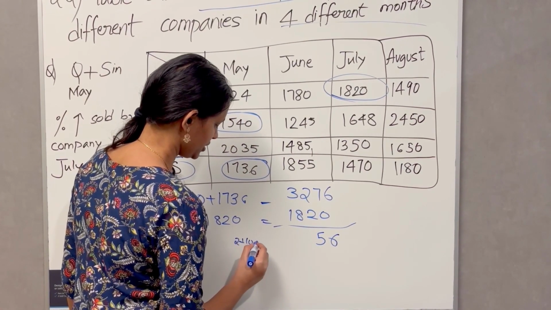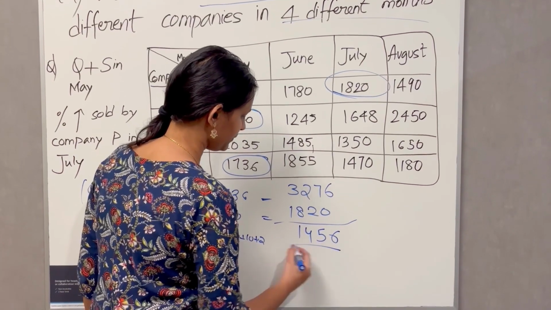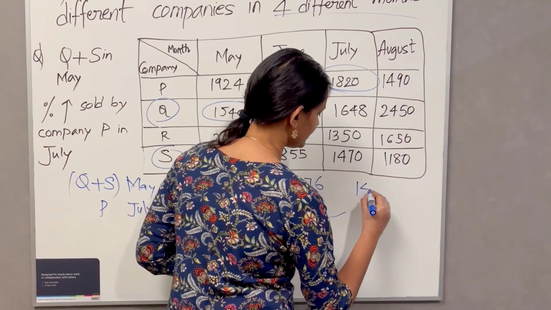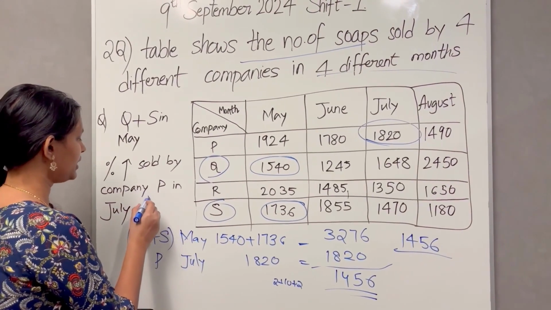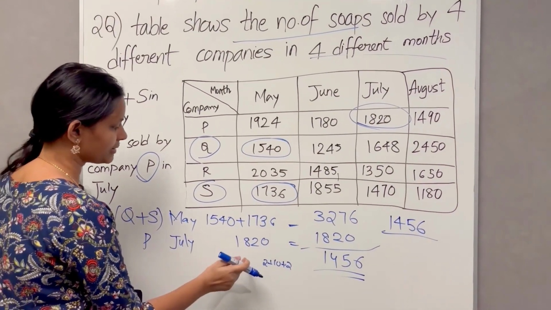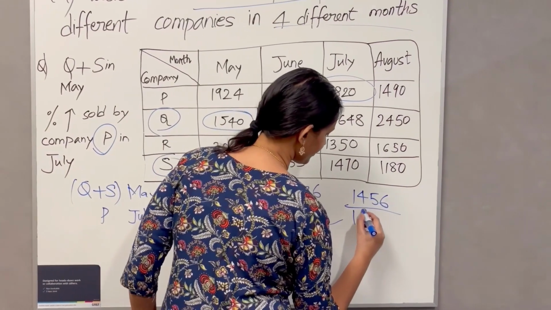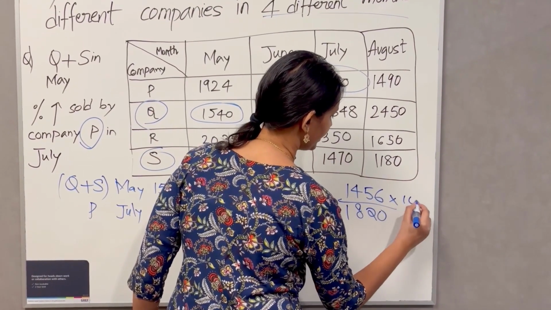3276 minus 1820 is 1456. So 1456 by 1820, into 100.